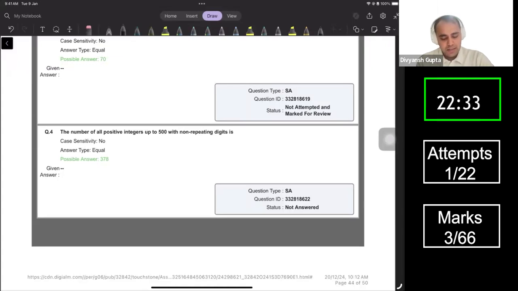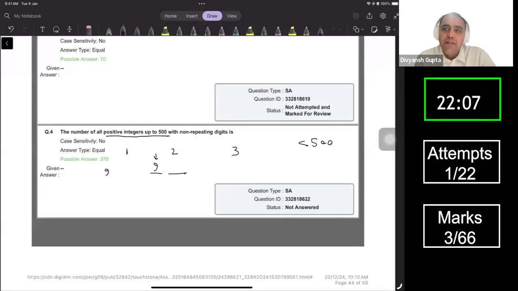So three cases, positive integers up to 500. So you need to be lesser than 500. So you'll have either a one digit, two digit, or three digit number. For a one digit number, because they're asking for positive integers, zero is not allowed. So the only choices that I have are 1 to 9. That is 9 choices here. For our two digit number, in the tens place, I'll have 9 options from 1 to 9.